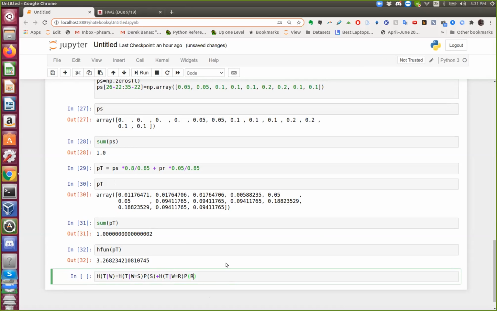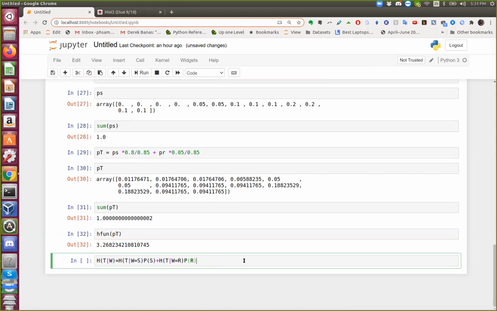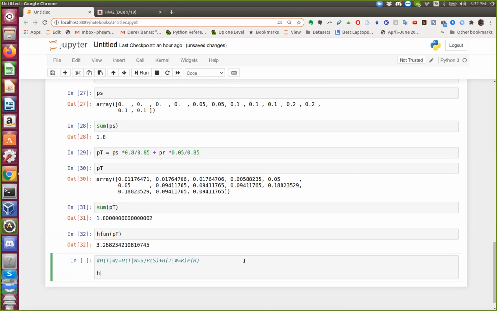And then therefore, this will be equal to simply H function. I already have this PS here, I got earlier, times 0.85 plus H function of 0.05 times PR.